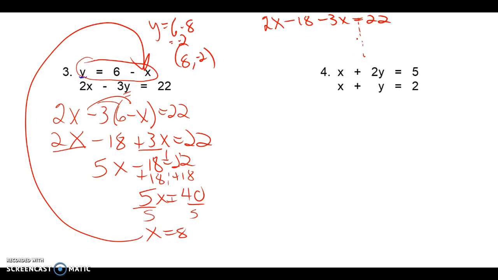You can only do something once on this side and once on this side. Some of you want to say, well, I'm going to subtract this 2x, and then you'll come over here and subtract it again. You cannot do that. You need to do it once on this side of the equation, once on the other side. That's why when you first learned this, we had you draw this dotted line where the equal sign was.